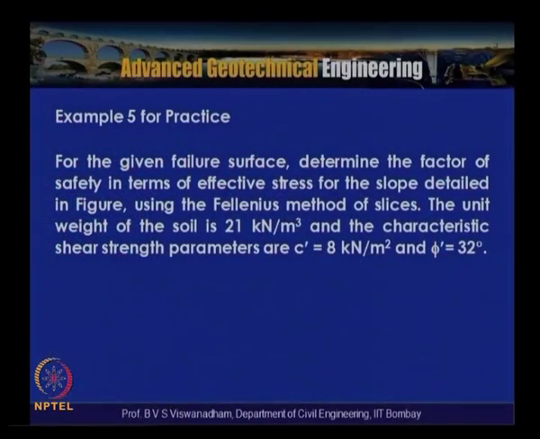Another example for practice, example 5, is for the given failure surface, which will be shown in the next slide. We need to determine the factor of safety in terms of effective stresses for the slope detailed in the figure using the Fellenius method of slices. The unit weight of the soil is 21 kilonewton per meter cube, and the characteristic shear parameters are the drained parameters: effective cohesion C dash is 8 kilonewton per meter square, and effective friction angle phi dash is equal to 32 degrees.